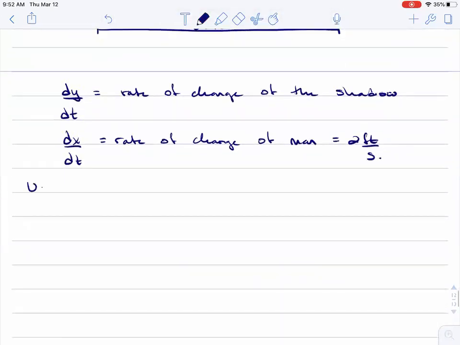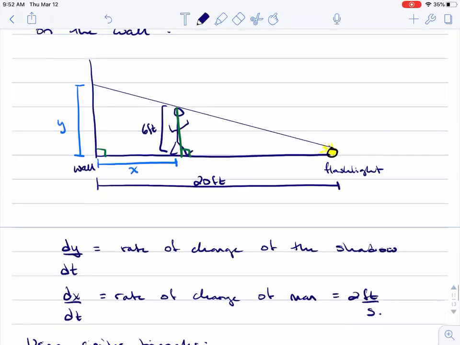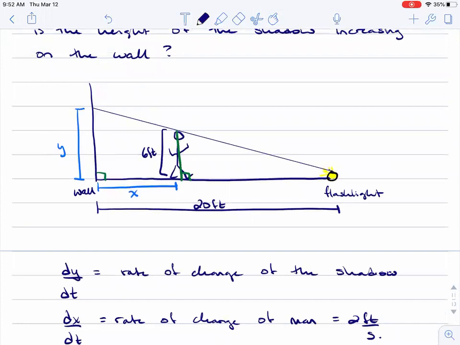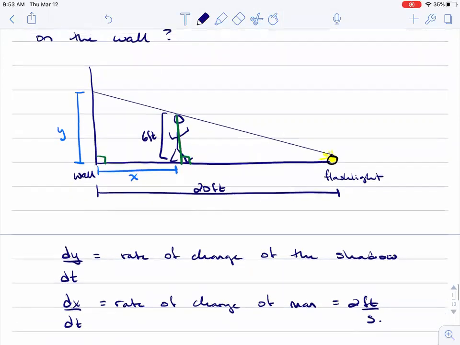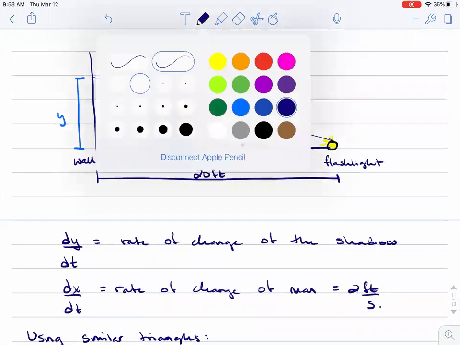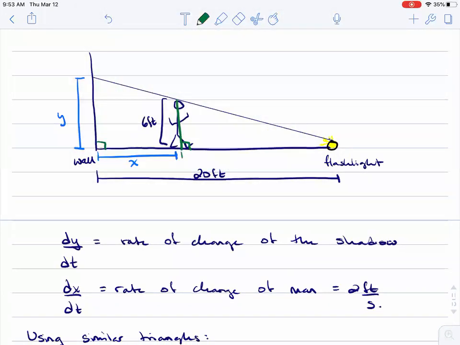So using similar triangles, I say that 6 is to y as 20 minus x is to 20, right? Because this distance here is 20 minus x.